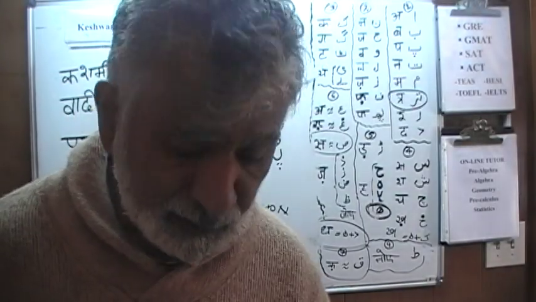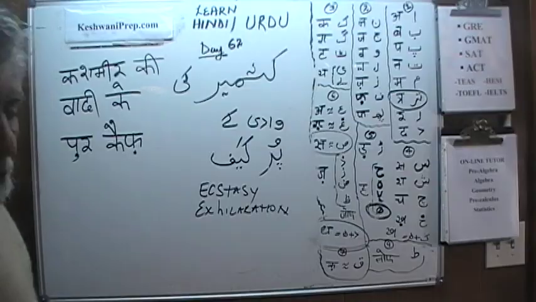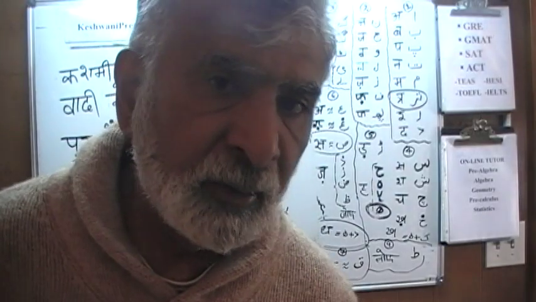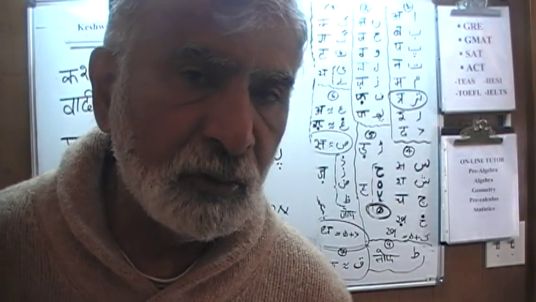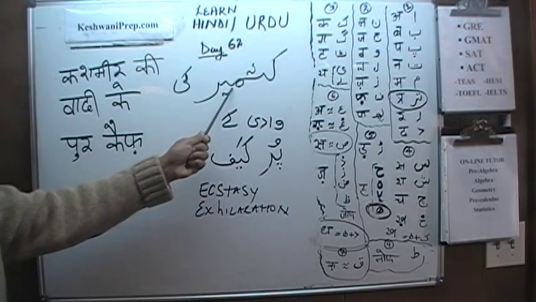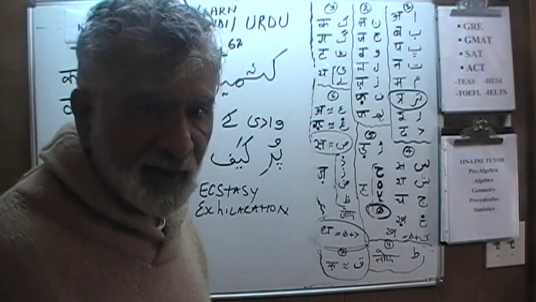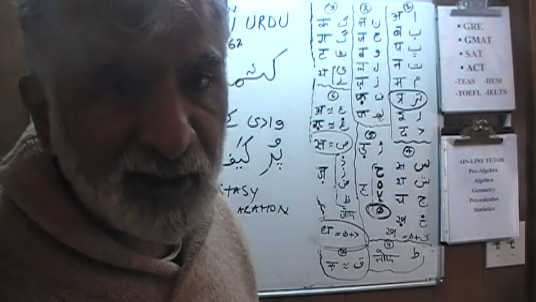It can also mean intoxication. And now we need purkef. Purkef means full of ecstasy, full of exhilaration, because it was so beautiful, it was so grand, whatever it is that we're talking about here. Kashmir ki wadi ke purkef, well, something in the valley of Kashmir was full of ecstasy.